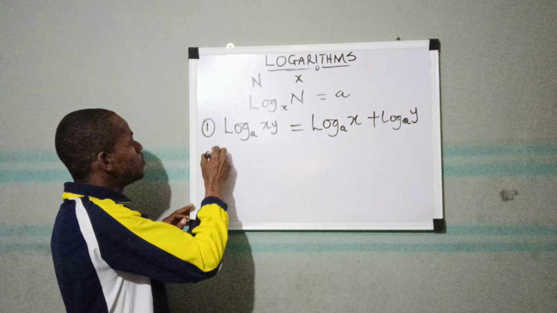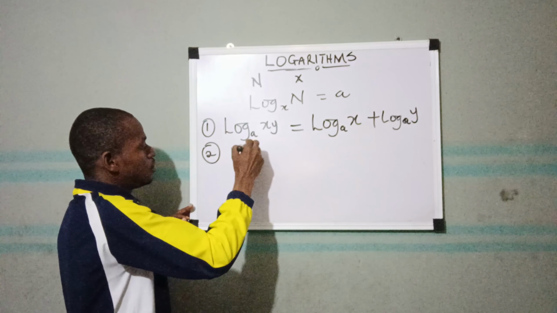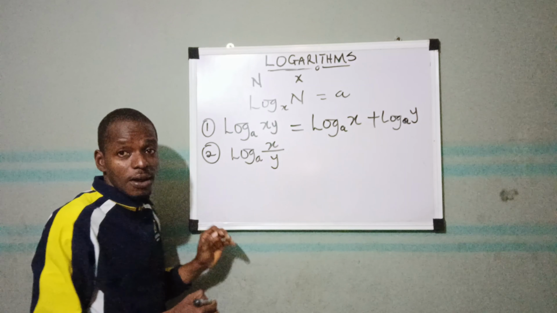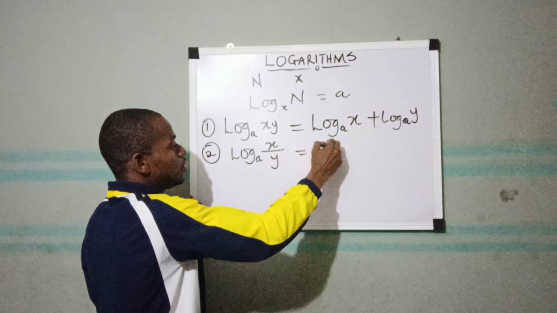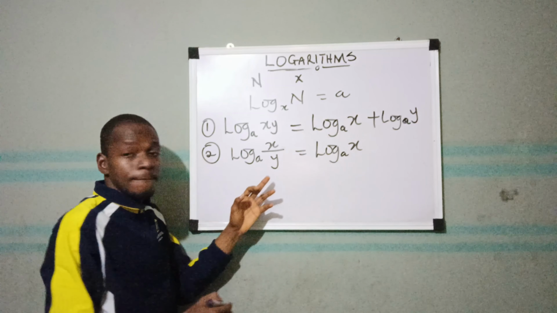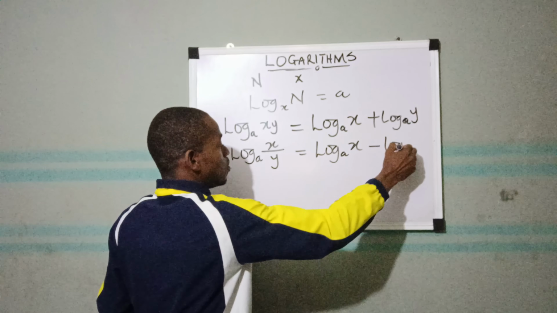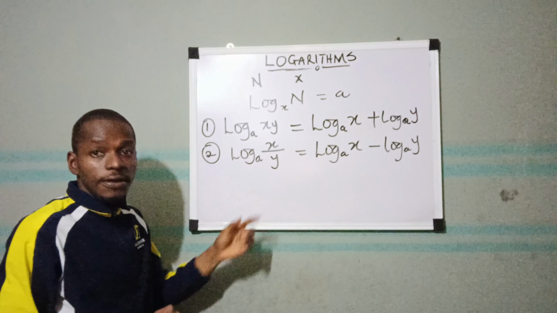The second law: if you have log x over y, that's x divided by y, it is the same thing as writing the logarithm of x to the base a minus the logarithm of y base a.